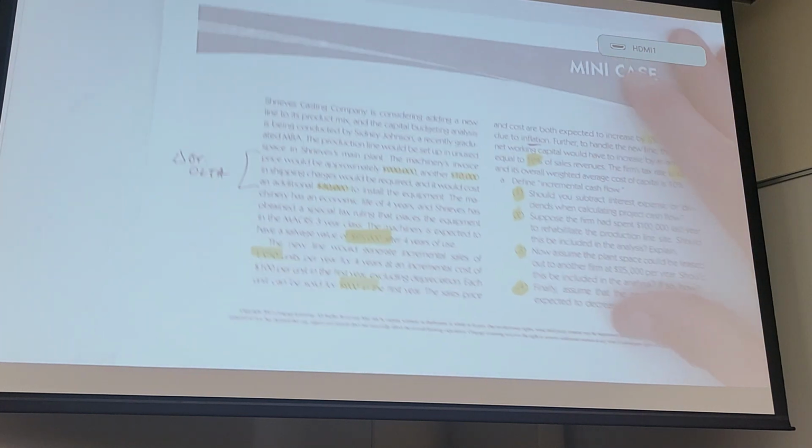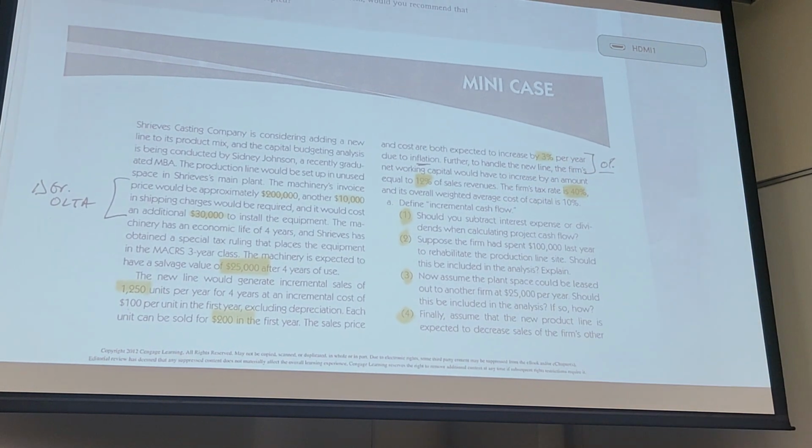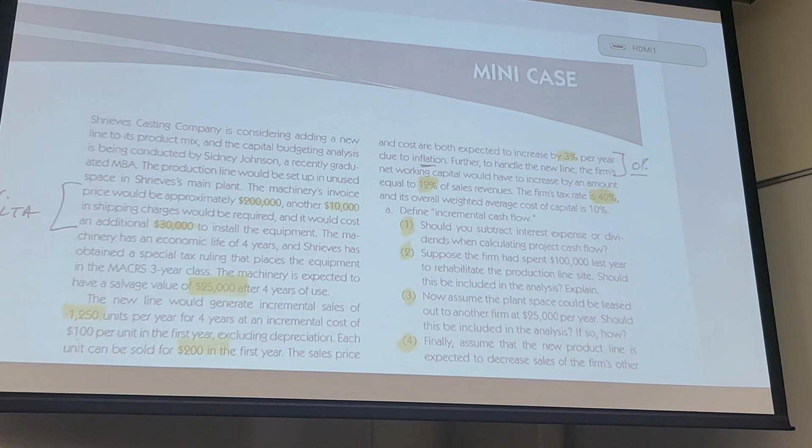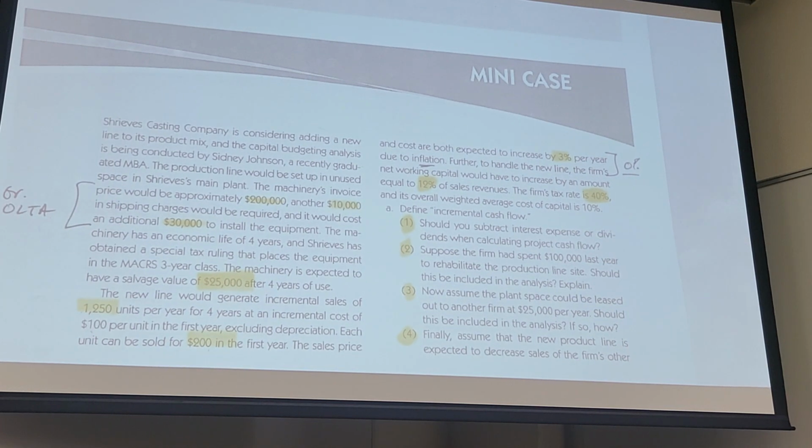I'm doing this because it's easier for me to mark this stuff up here. It's actually already marked up. Probably should have brought a fresh copy, but here we go. Here's our data in here. All right, so let's look at what we've got. First thing, what do I want to do? I want to know how many cash flows I've got in this project, right?